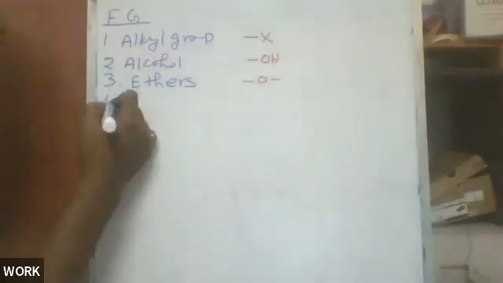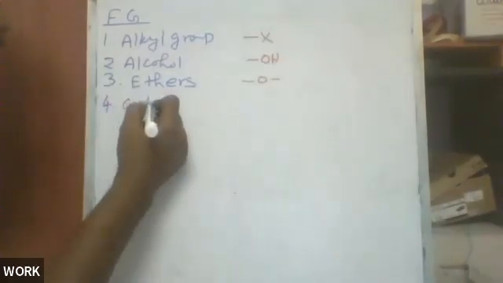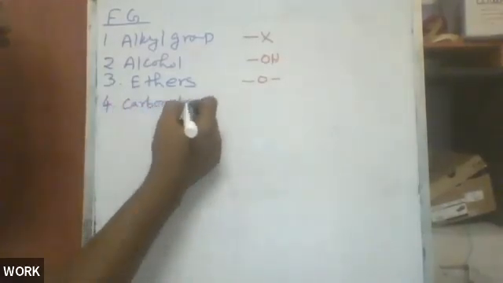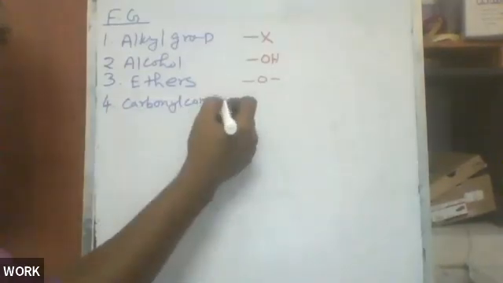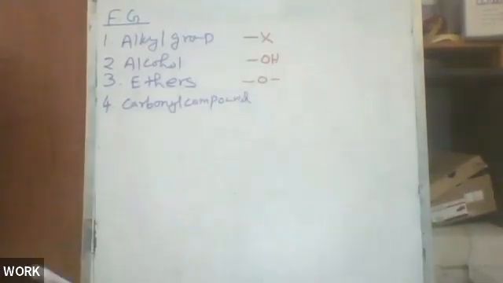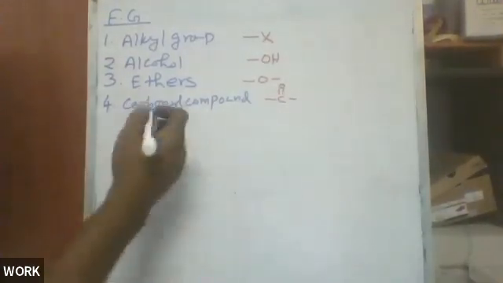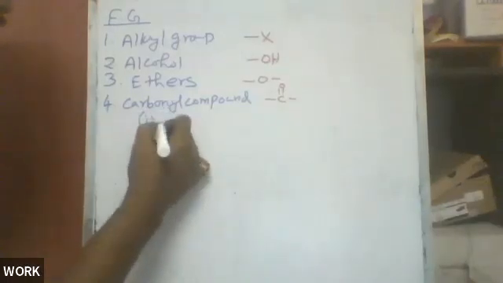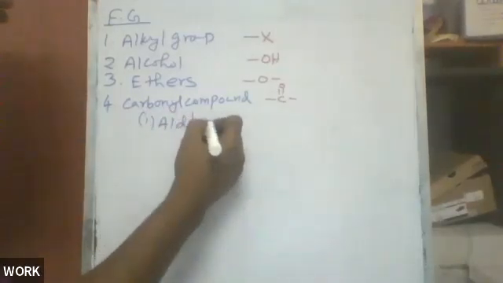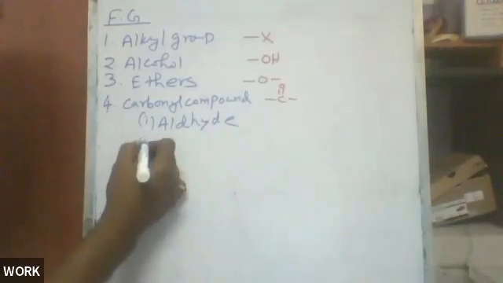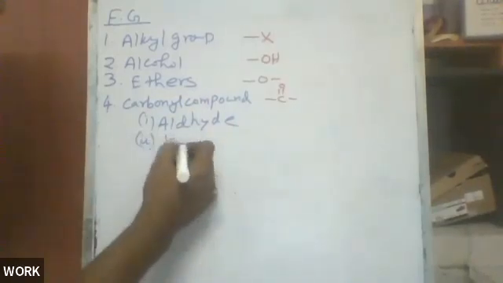And then carbonyl compounds. That means it is going to have the C double bond O. So what are the carbonyl compounds? Number 1, aldehyde. Number 2, ketone.